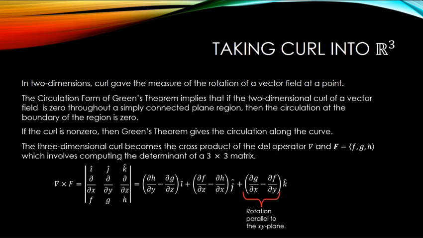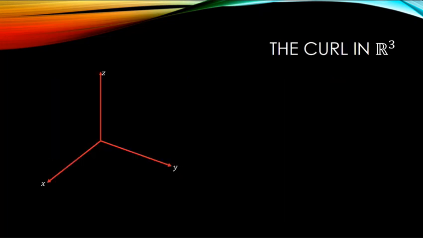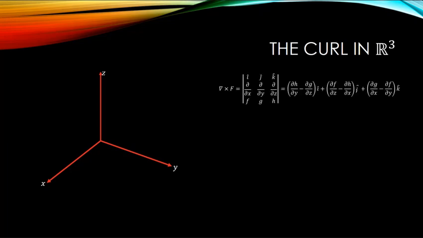The third term is the rotation parallel to the xy plane. The middle term is the rotation parallel to the xz plane, and the first term is the rotation parallel to the yz plane.